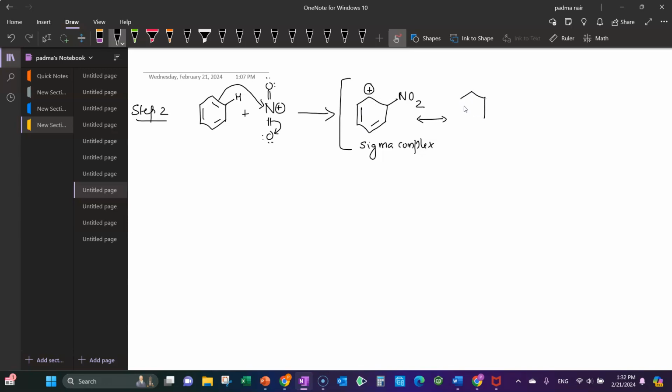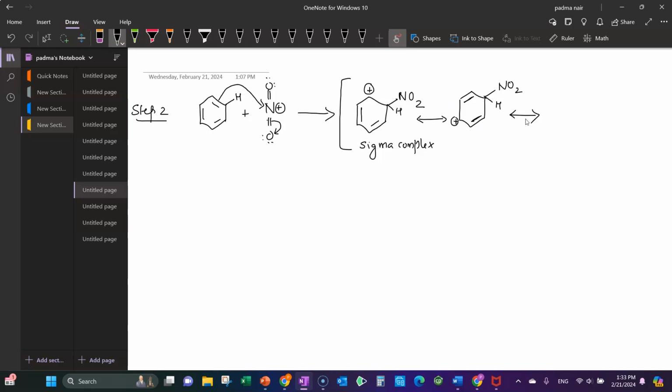So we have the benzene ring here. The pair of electrons go over here. The pi bond moves here. We have this pi bond intact, and now the positive charge is here. I will still keep my hydrogen drawn in each of these structures, so that in the end I can show the deprotonation step. So we have the second sigma complex resonance stabilization.